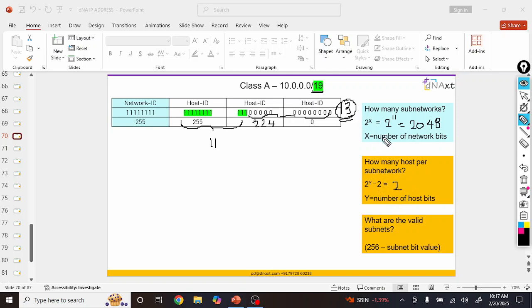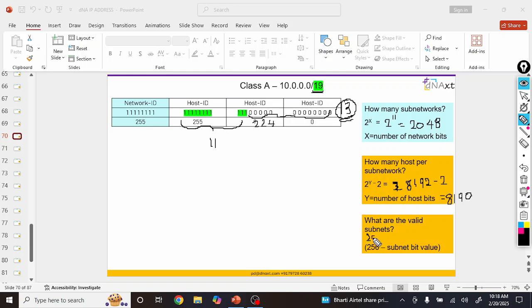We have 13 host bits, so 2 to the power 13 is 8,192, and you have to subtract 2 from it, as in each subnetwork there will be one network ID and one broadcast ID. So the actual number of machines, endpoints or hosts that you can accommodate in each subnetwork is 8,190.